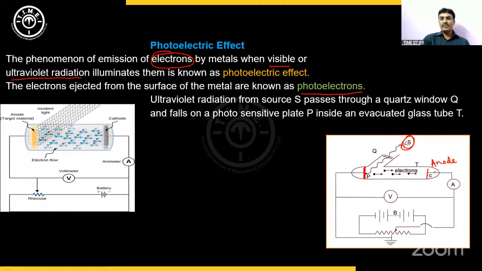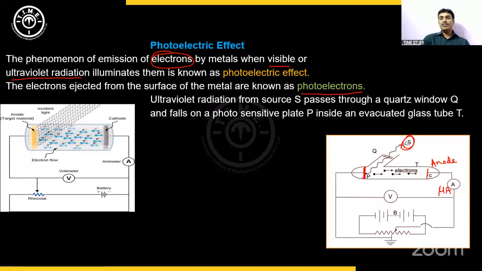As these electrons pass through this circuit, they constitute a current, but the current magnitude is very small. So to measure that current, here is a microammeter. The current magnitude is very, very small, in the order of 10 to the power minus 6 ampere. That is what a microampere is.